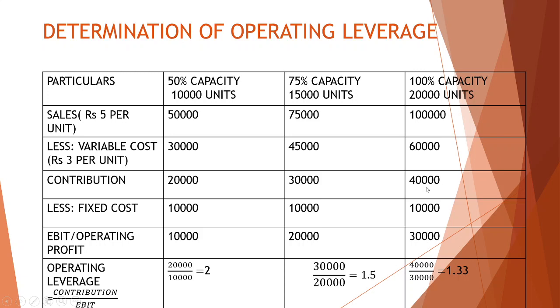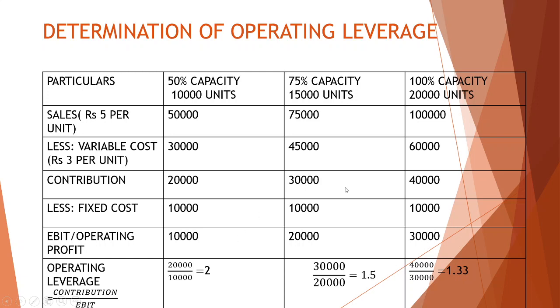So the contribution is equal to 1 lakh minus 60,000, rupees 40,000. Less fixed cost, rupees 10,000. So the EBIT or operating profit is equal to rupees 30,000. So operating leverage is equal to contribution divided by EBIT, 40,000 divided by 30,000, which is equal to 1.33 times.